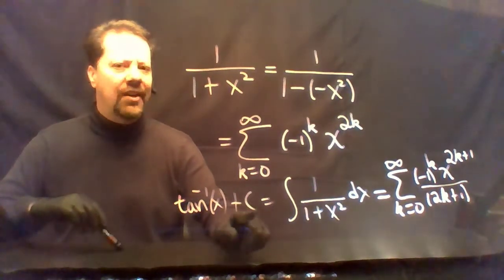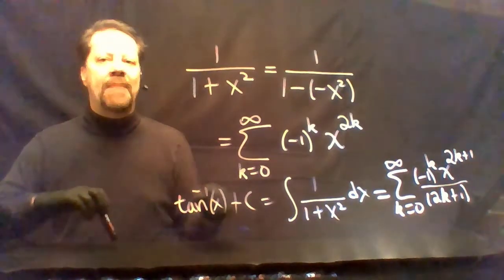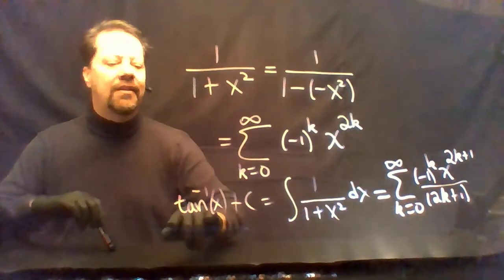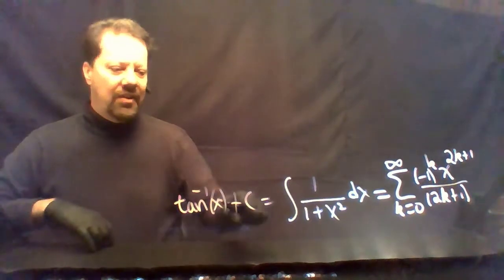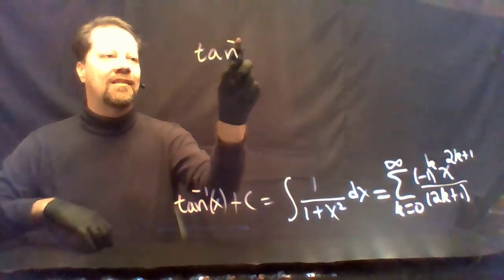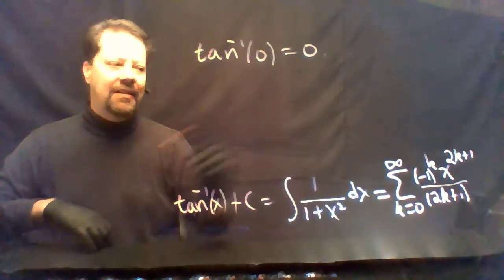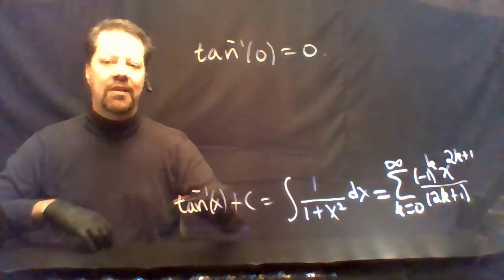We'd kind of like to know what that constant c is, because I'm really looking for a power series representation of inverse tangent. To figure out what the constant c is, we'll use the fact that the arctangent of 0 is 0. And we'll evaluate at x equals 0 on both sides of the equation.